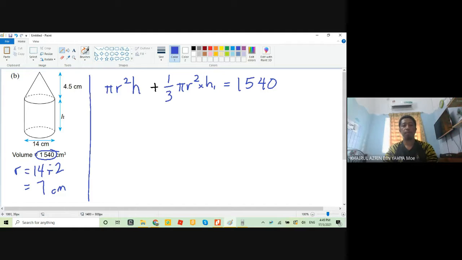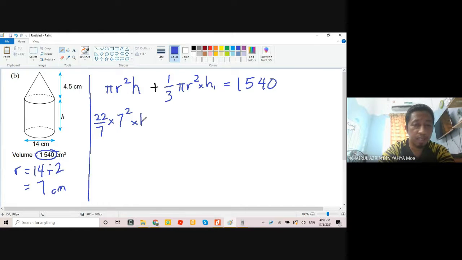Now we substitute all the values here to find the answer. For pi, I want to use again 22/7, times r, which we know is 7. Don't forget square. Times H. This H is for the cylinder, not the cone. Pi r square H is the volume of a cylinder. Make sure you know. We write H because it is not given.